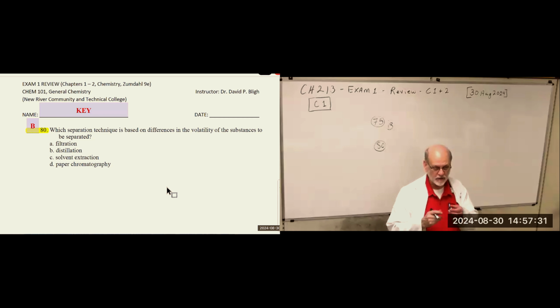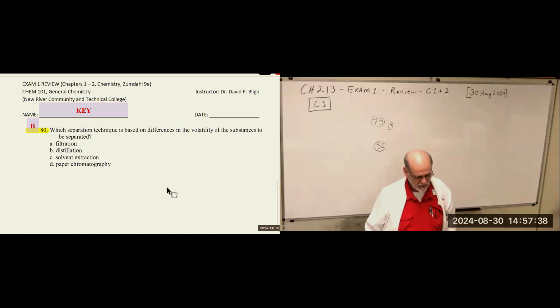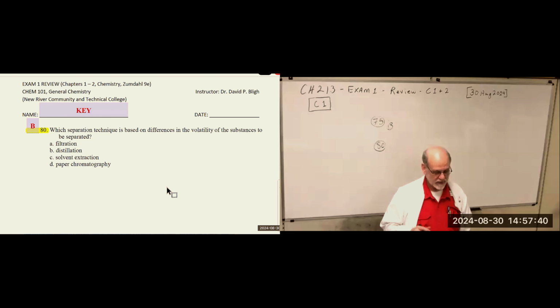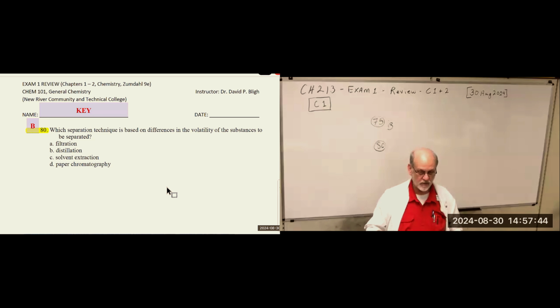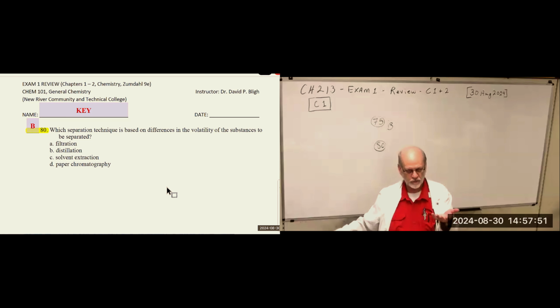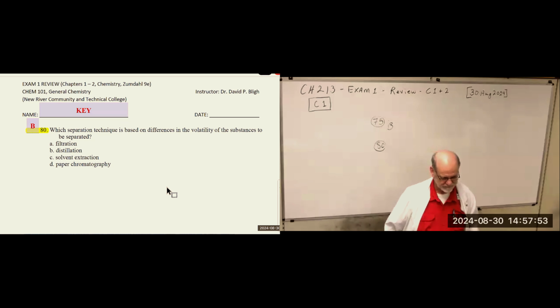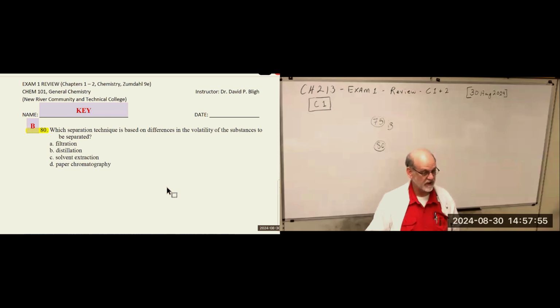You have a filter with small enough pore size, you can filter out this particle size and let the rest of them go through.